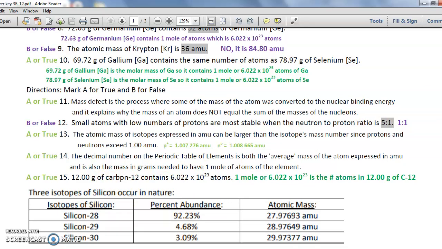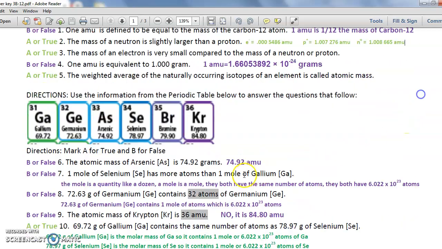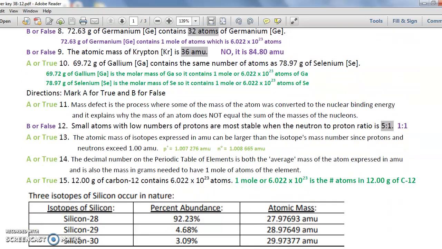When we look down here at question 15, 12 grams of carbon-12 contains 6.022 times 10 to the 23rd atoms. So the whole mole concept is also based on carbon-12. When you base both of them on carbon-12, that gave the decimal number on the periodic table a dual meaning.